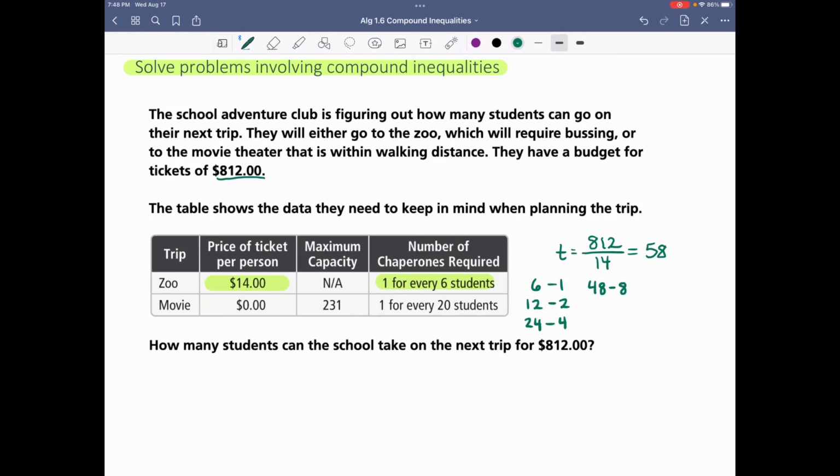If we add those together, make this an arrow so it doesn't look like a subtraction. 48 students, we need 8 chaperones. That, if we add those tickets together, that would be 56. We can't go above 56 tickets because if we added 6 more students, that would go above 58, and we would have to have another chaperone.